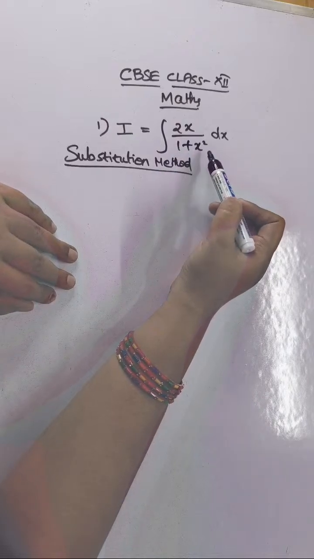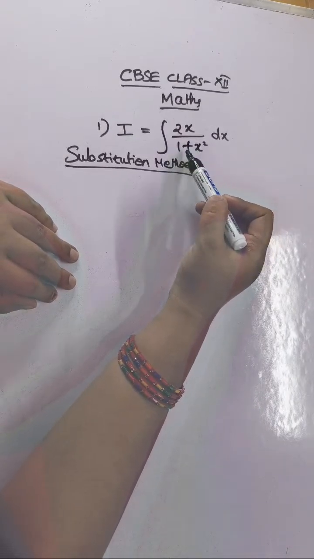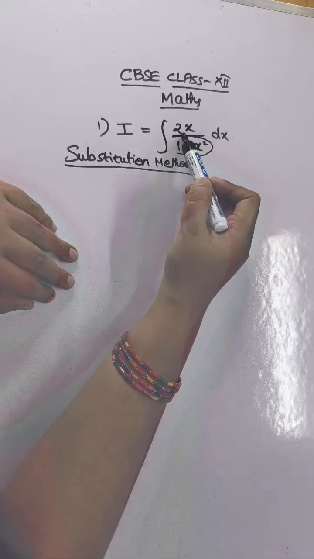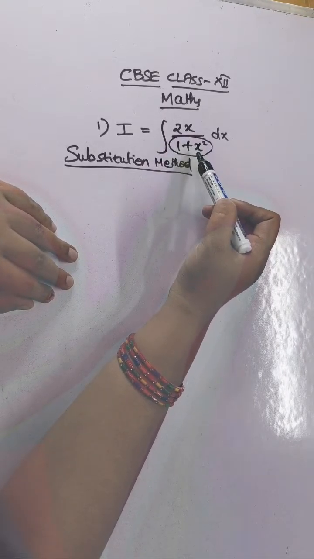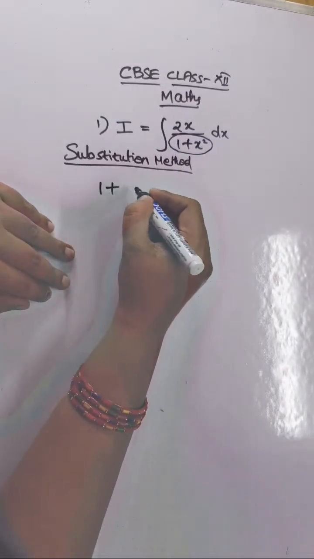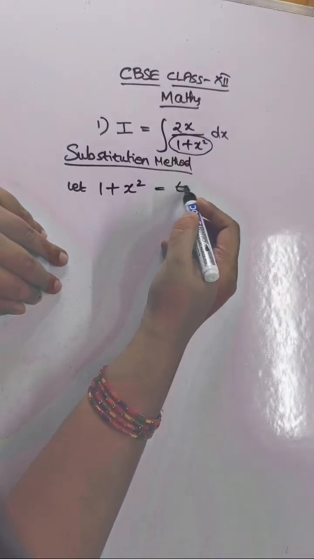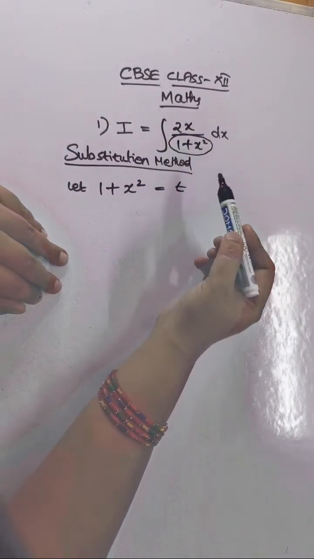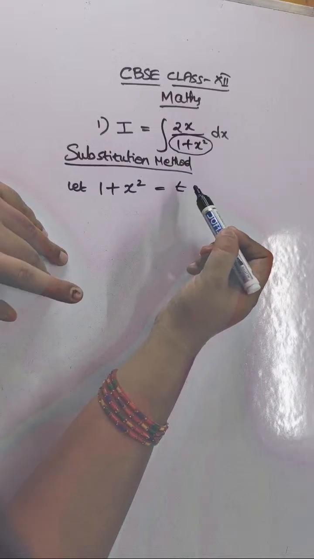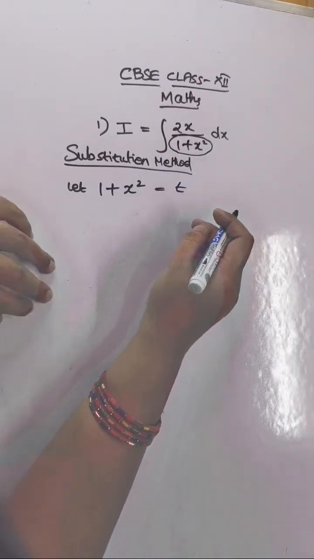in most of the cases you will take the denominator. If you take the denominator, check the derivative of that. So I am taking this 1 plus x square and assuming that as some other variable. Here x is used; you can take it as y or t or whatever it is. I have taken it as t.